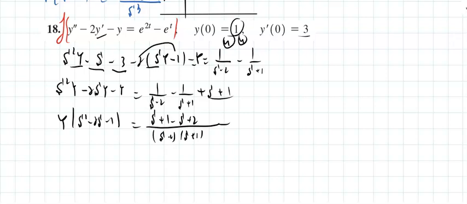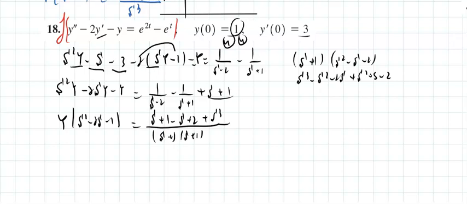And here, if you multiply this by s squared minus s minus 2, that's s cubed minus s squared minus 2s plus s squared minus s minus 2, that will be s cubed minus s minus 2.